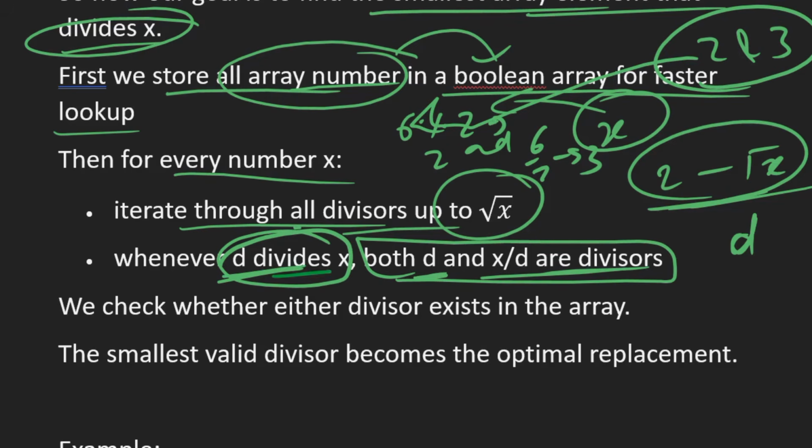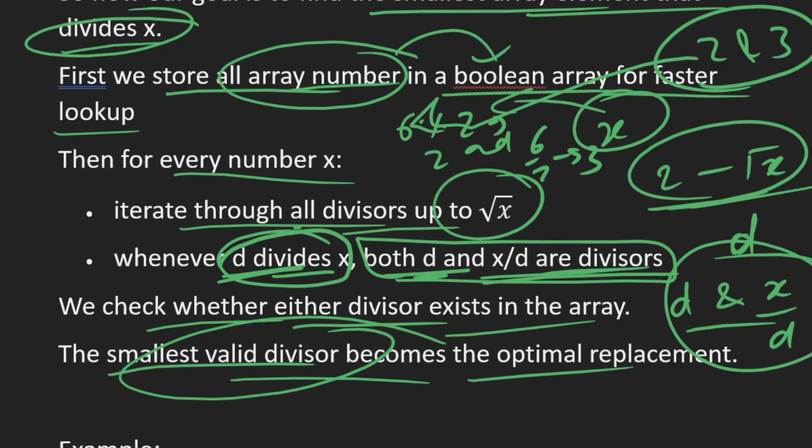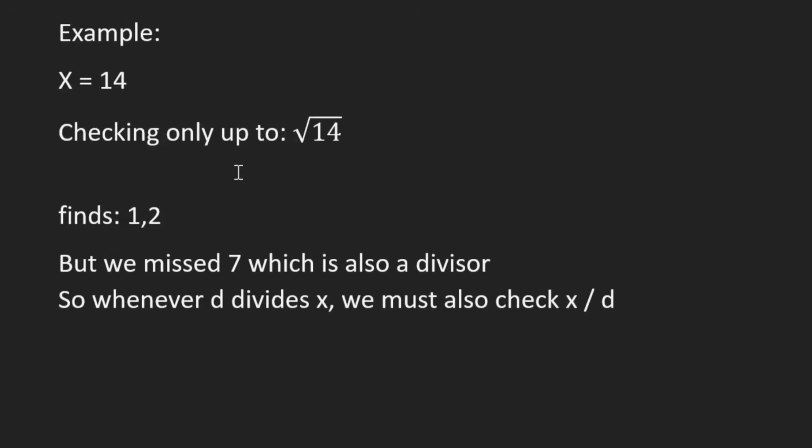So if d divides x, then both d and x by d are divisors, right? So we check whether either of d and x by d is present in the array or not. And if any one of them is present, then we replace the current number x with the smallest valid divisor, right? So let's see an example.